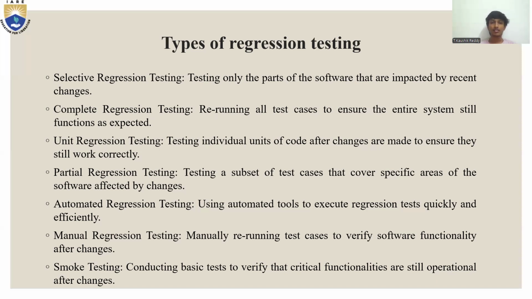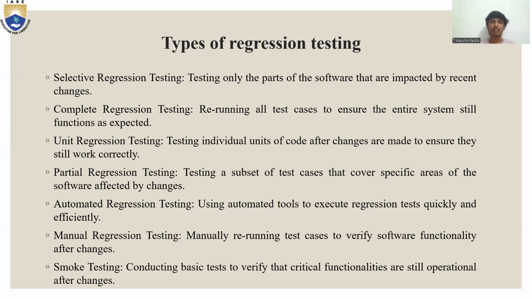Unit regression testing: testing individual units of the code after changes are made to ensure they still work correctly. Next, partial regression testing: testing a subset of test cases that cover specific areas of the software affected by the changes. Next, automated regression testing: using automated tools to execute regression testing quickly and efficiently. Manual regression testing: manually rerunning test cases to verify software functionality after changes.